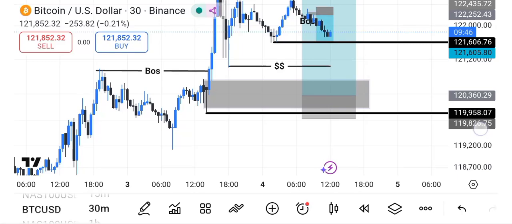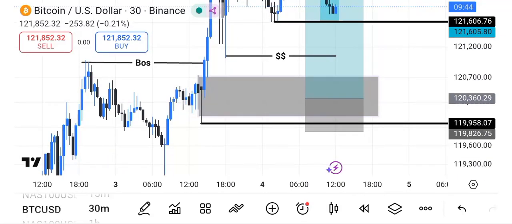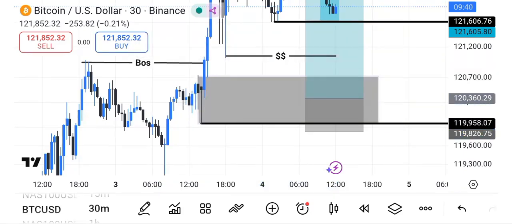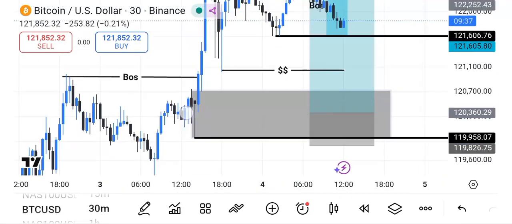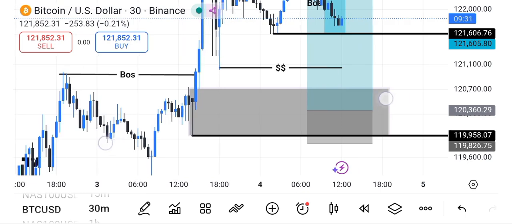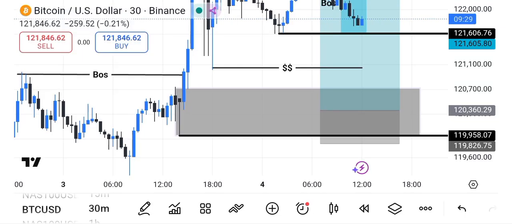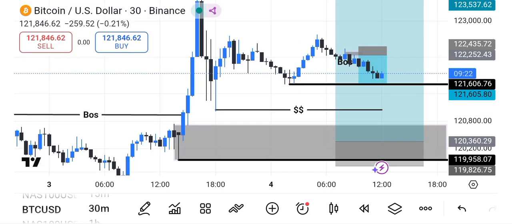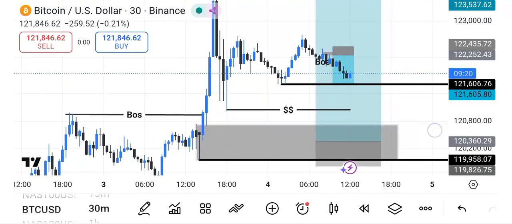I have to bring this down a little bit to cover all the zones. This is my other block, this long rejected black candle, and then another long candle, and another long candle. You can see this is my liquidity that price has to sweep.